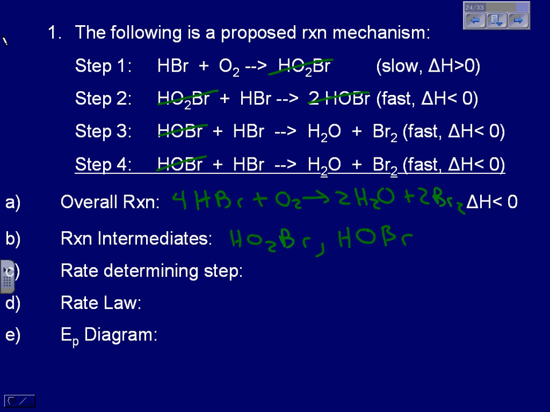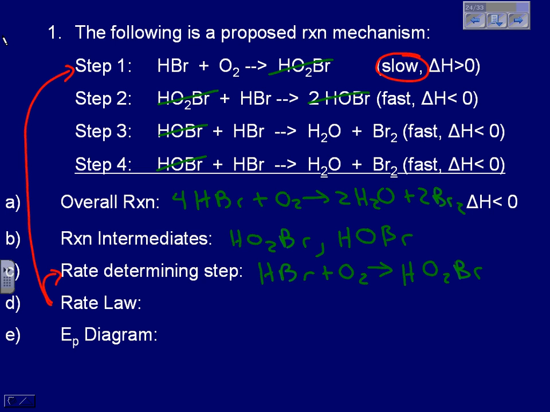Now let's take a look for the rate determining step. Recall that the rate determining step is always the slowest. That means the rate determining step is the first step of this particular reaction, HBr plus O2 to produce HO2Br. Excellent. So now we're ready for the rate law, and this is the important one. The rate law, remember, comes from the rate determining step. It comes from that slowest step.